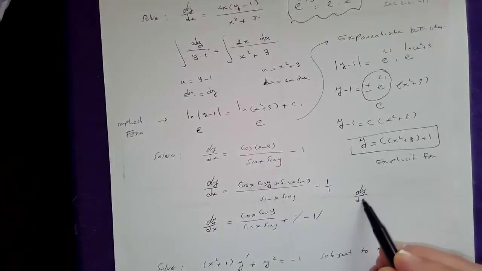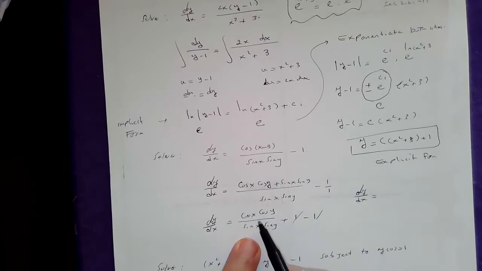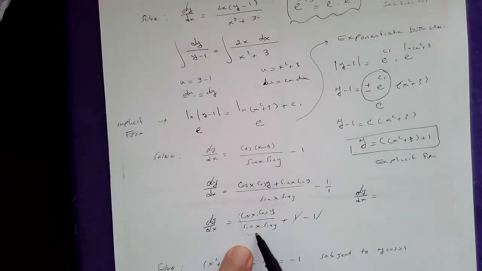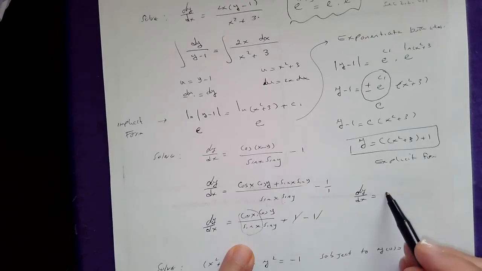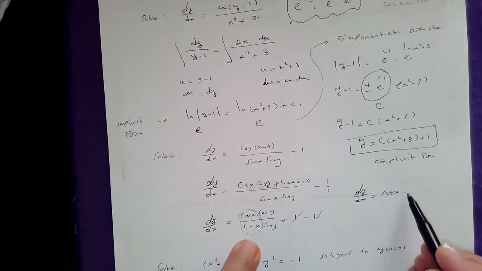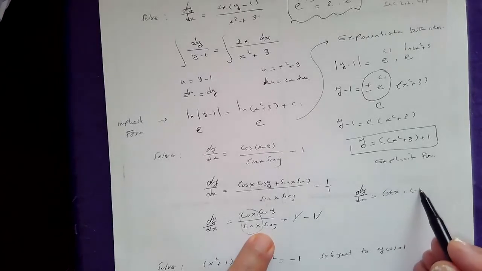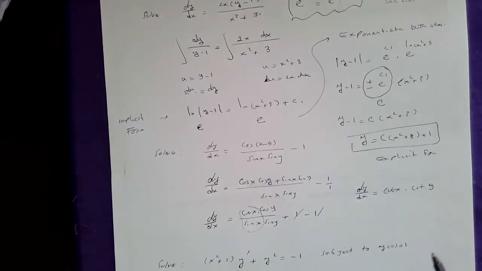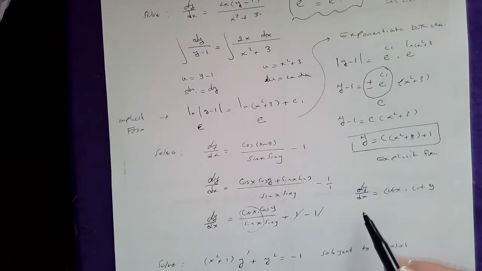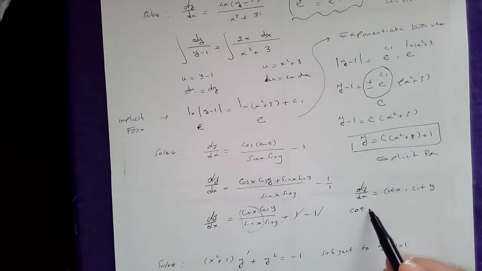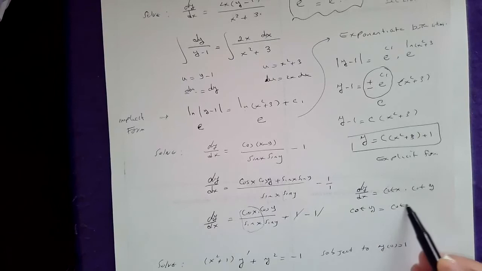But now I'm going to write this as dy dx equals, because there is a multiplication, so I get to divide like this. So that would be cotan of x times cotan of y. So now if you separate the variables, cotan of y dy is equal to cotan of x dx.